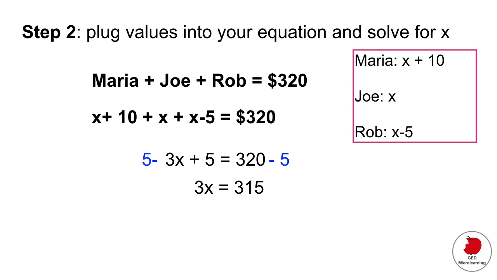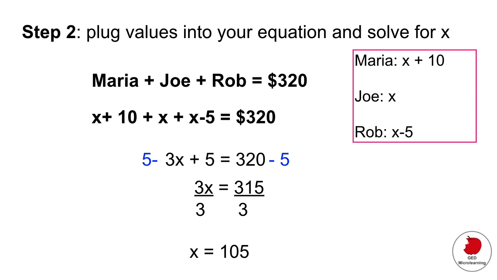And in order to isolate this x, we want to subtract that 5 from both sides, and you end up with 3x is equal to 315. Now, in order to isolate that x, all you have to do is divide both sides by 3, and that would give you $105.